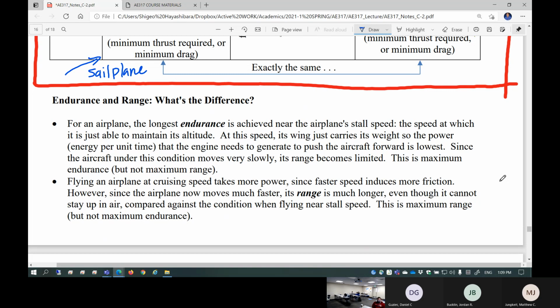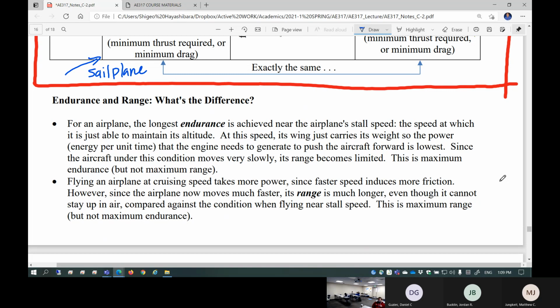The speed at which it is just able to maintain its altitude is called maximum endurance. At this speed, the wing is just supporting the weight of the airplane. So the power that the engine needs to generate to push the airplane forward is lowest.